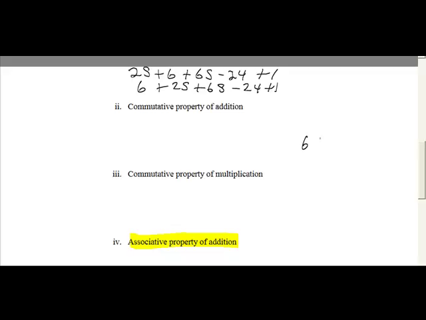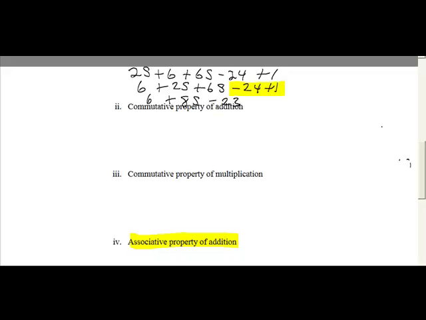So for example, 6 plus 2s plus 6s, I can write as 6 plus 8s. Now I can write 6 plus 8s minus, applying the associative property again, I can combine minus 24 and 1 and write that as minus 23.